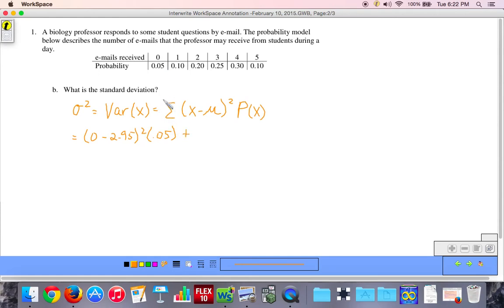Plus, because we have our summation right here, 1 minus 2.95 squared times 0.10. And again, I'm getting these numbers from the table.